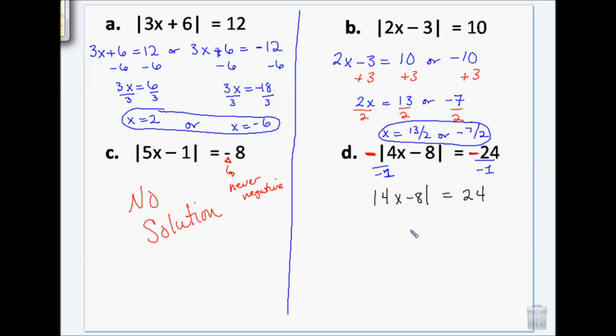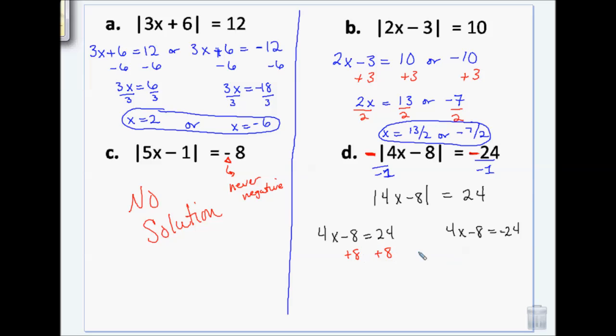You don't have to write that step in though if you don't want to. Then I can split it. Or again, you can run it together and just say 24 or negative 24.